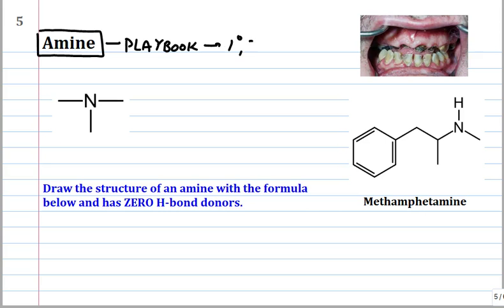There's primary, secondary, and tertiary amines. For right now, I'm not going to ask you to subclassify it. I'm just interested whether or not you can know if a molecule is an amine or not. Don't worry about primary, secondary, or tertiary.